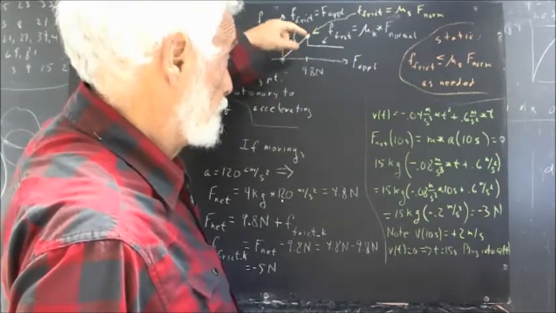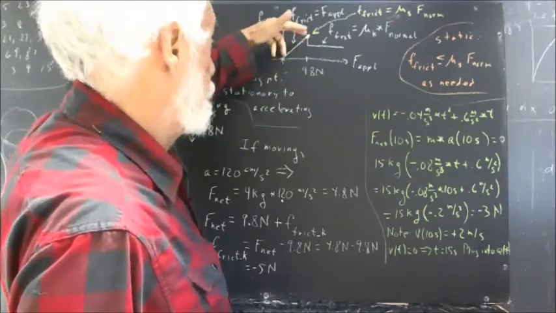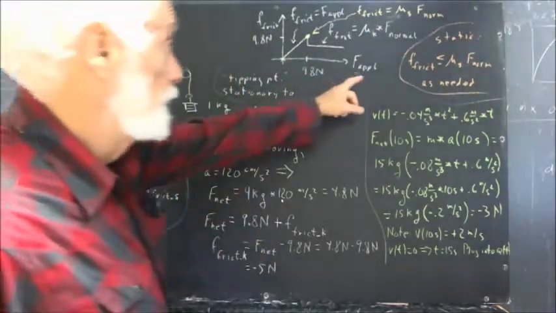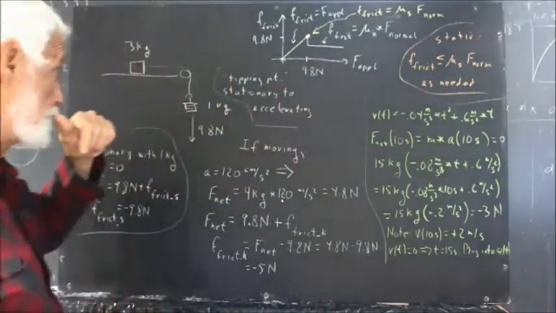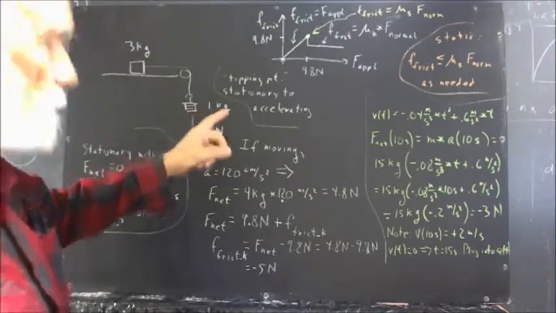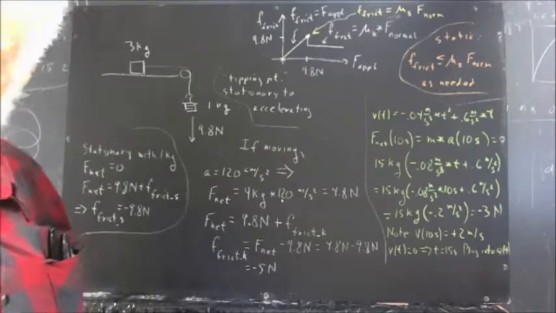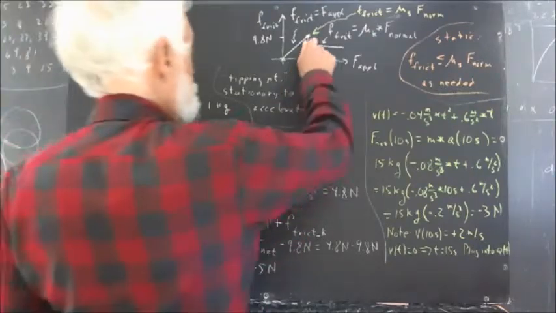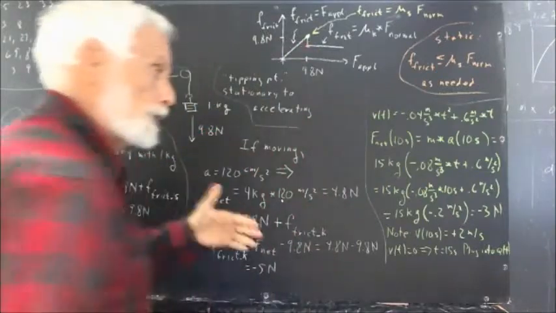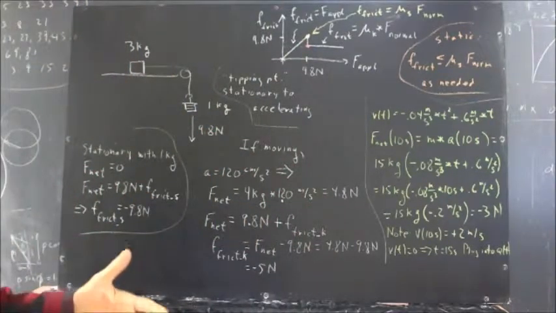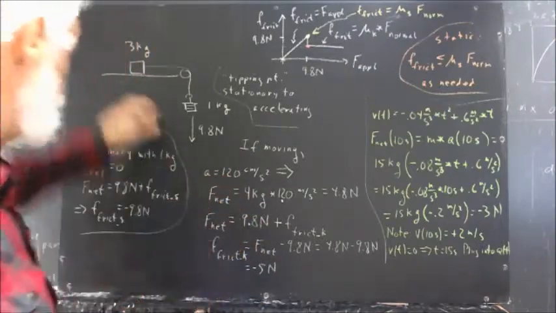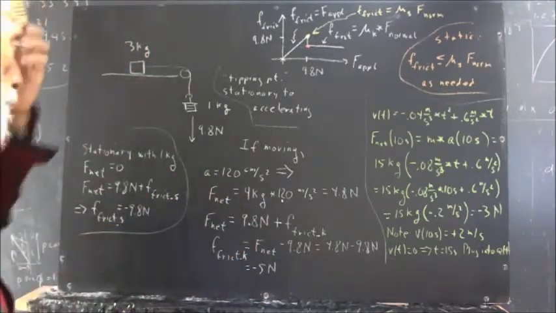But the model is simply that the frictional force drops and remains constant as we continue increasing the applied force. So the main fact here is that the frictional force will drop to some value as soon as the object breaks free of the stationary contact with the surface.